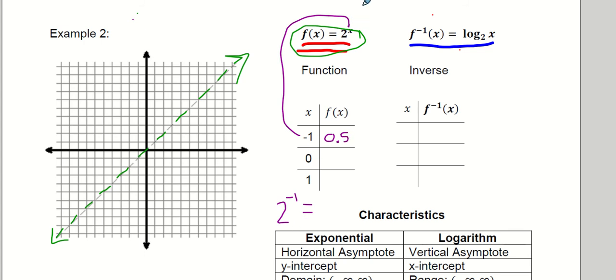All right, if I plug in 0, 2 to the 0 is 1. And if I plug in 1, 2 to the 1st is 2. So I'm going to graph this here. So -1, 0.5 is here. 0, 1 is here. And 1, 2 is here.